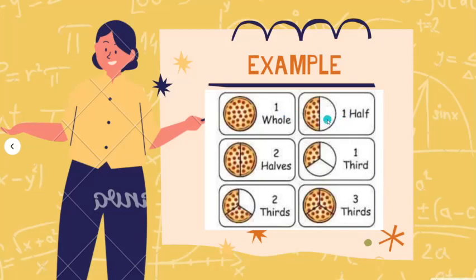One half means you have taken one piece from the whole, and two halves means you have taken two pieces from the whole. 1/3 means you have one piece, 2/3 means you have two, and 3/3 means you have all three.